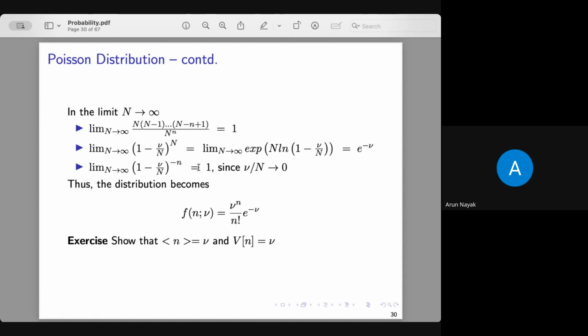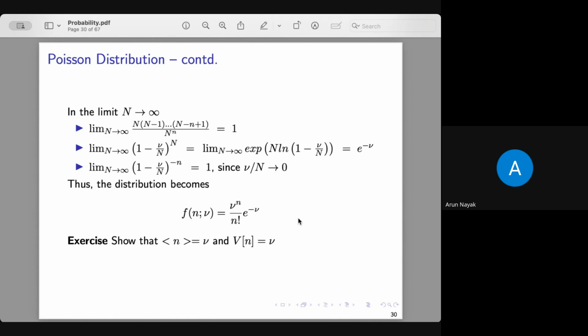Then you can rewrite this distribution as f of n given nu. Now we have one parameter, not two. Instead of N and p, we have simply nu, and that is nu to the power n by n factorial times e to the minus nu. Say we have some observed events in some experiment, and these events are from some rare process, which has a very small probability to be produced.